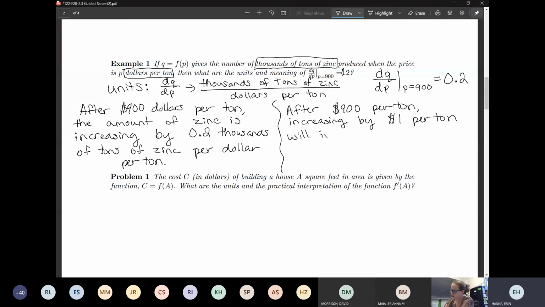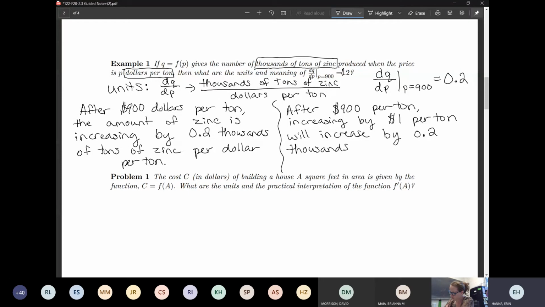We want to talk about whether the Y values are increasing or decreasing. Again, they're increasing because 0.2 is positive. So we'll increase by 0.2, but now we just use the units of Q, so thousands of tons of zinc.